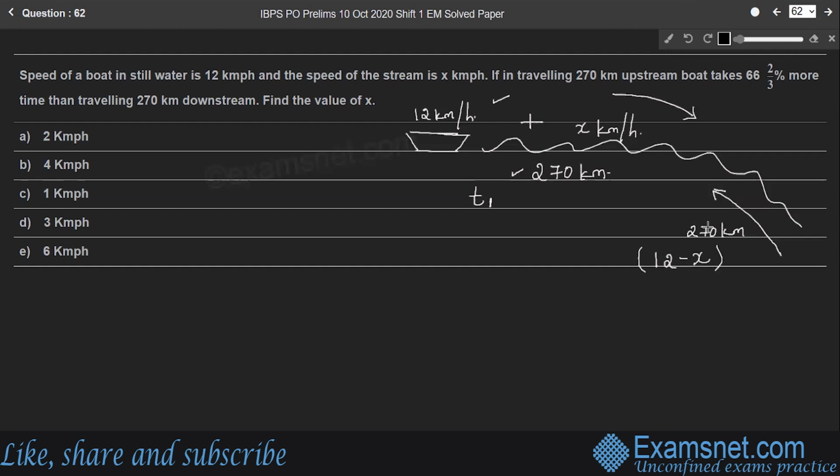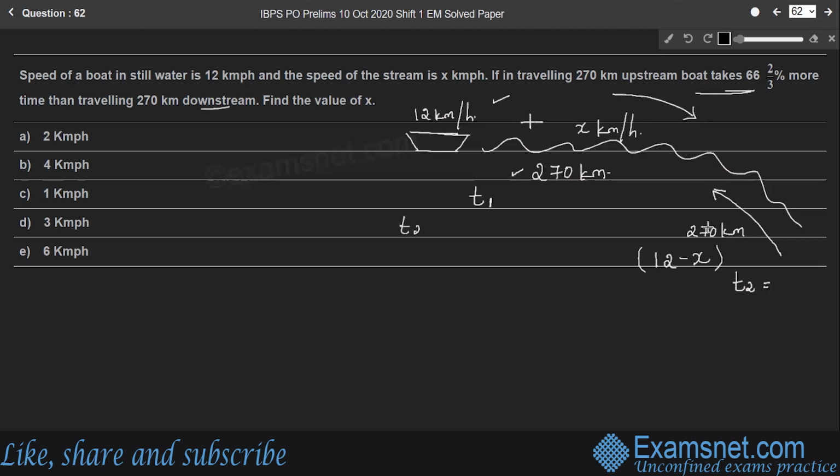Therefore, T2, the time taken by the boat to travel upstream, is again distance by speed. It is given that this upstream time is 66 and 2 by 3% more than the time traveling downstream.